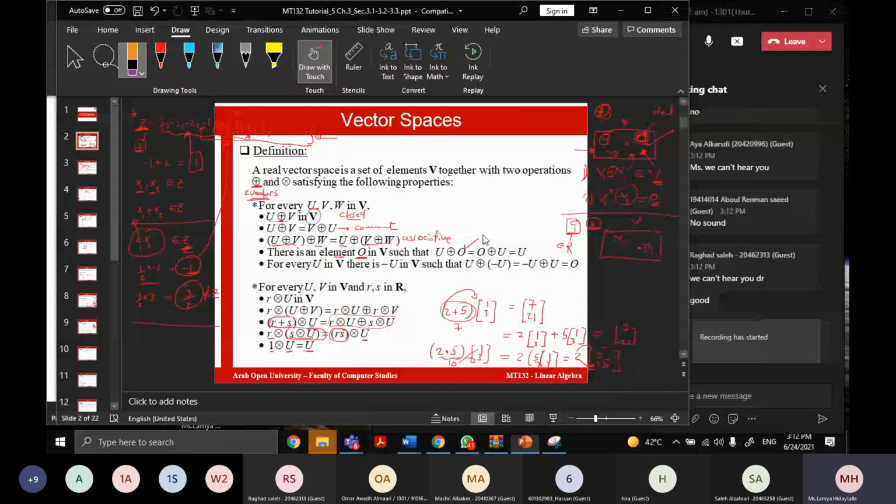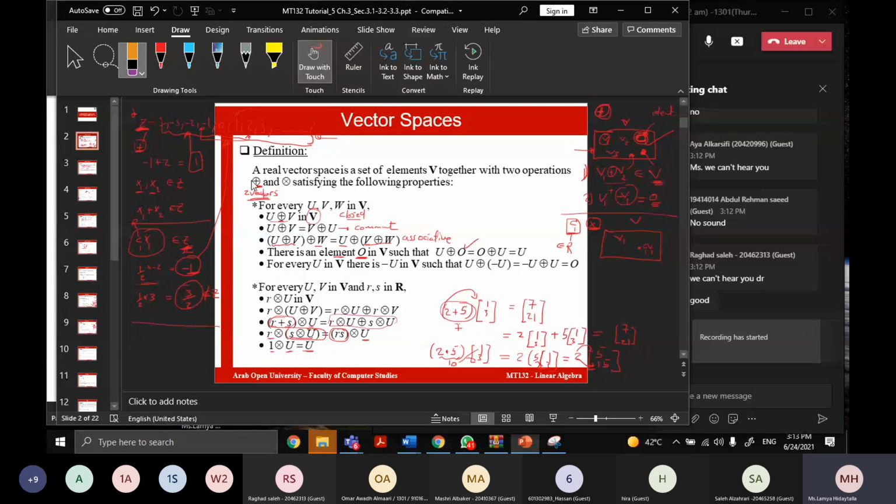Okay. In our previous class, we started talking about the vector space, and we knew it's a set of vectors defined on that set, with two operations. The first one is addition of vectors, and the second is scalar multiplication.